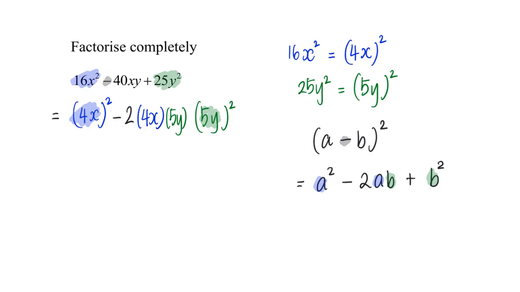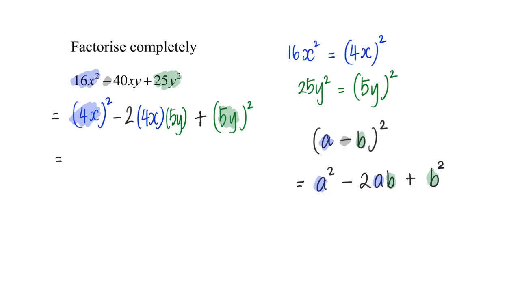Sorry, I'm going to shift this to the side. So give me a moment as I adjust my working. Okay. And then I could just simply rewrite it as a minus b bracket square by extension.